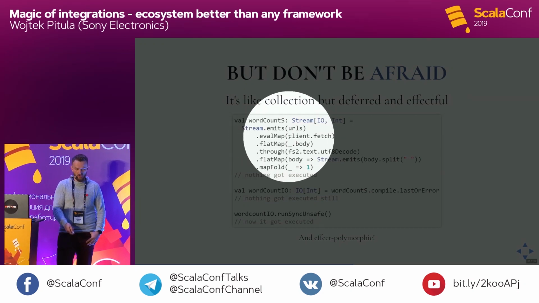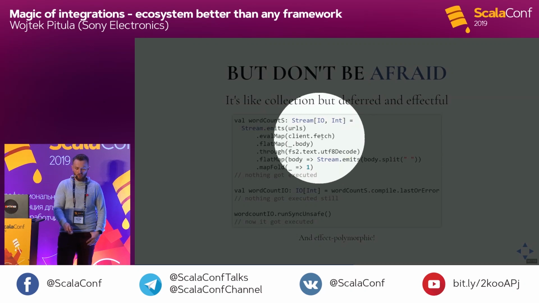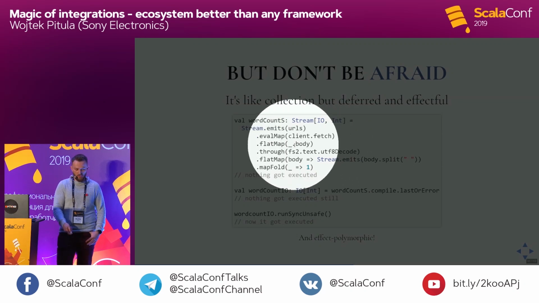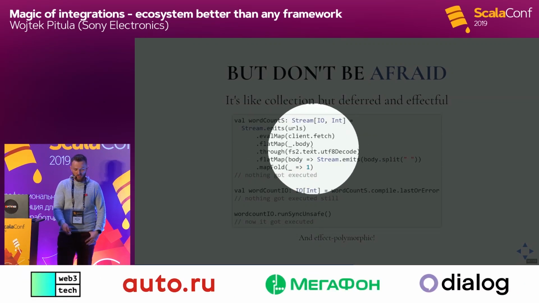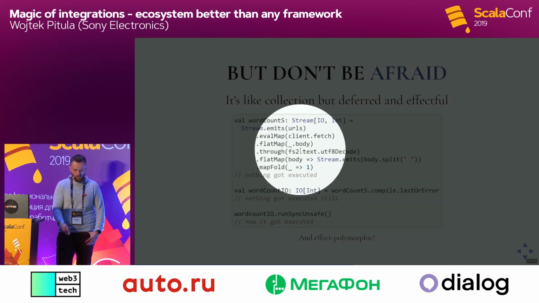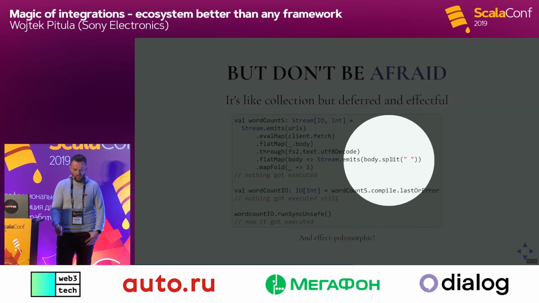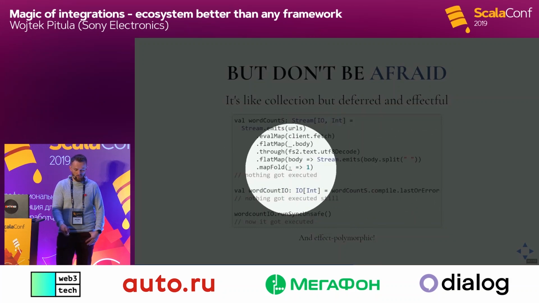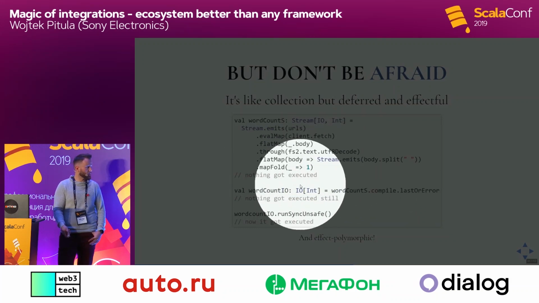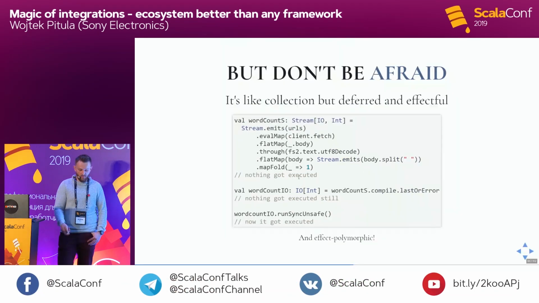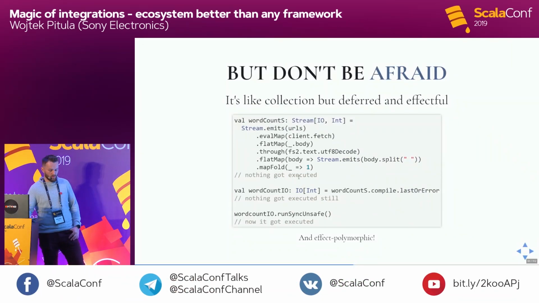Then for each of those, we go to the internet and fetch stuff. We get the body, we parse it as UTF text, because it's bytes in the very raw form. And we split it by the space and fold it to one. So we basically count words in each of such bodies.